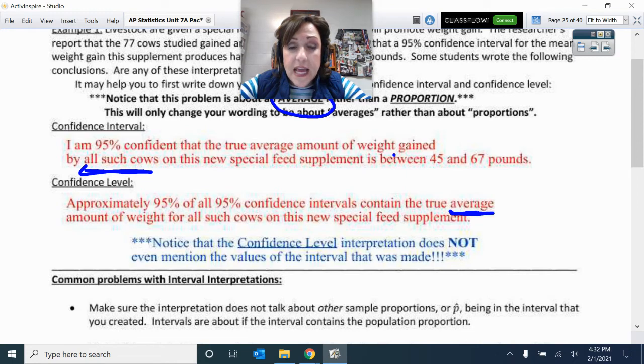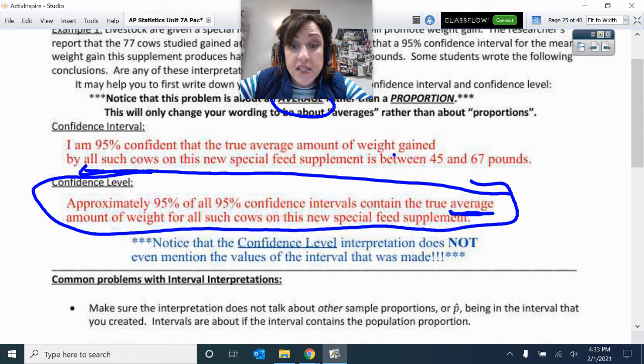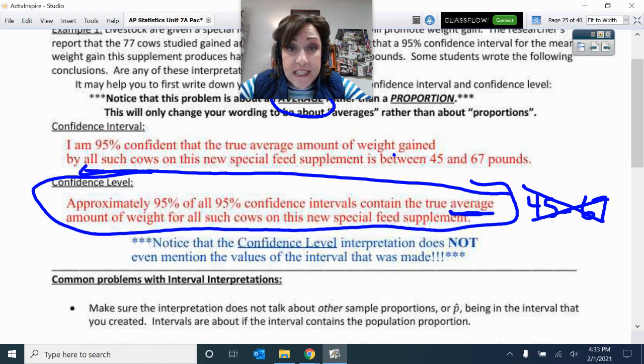Notice this. This is a common mistake my students make, and I already kind of mentioned it earlier. This confidence level interpretation does not mention the 45 to 67 because this is just one interval. Confidence level is about many, many, many intervals, what's happening overall. Okay?